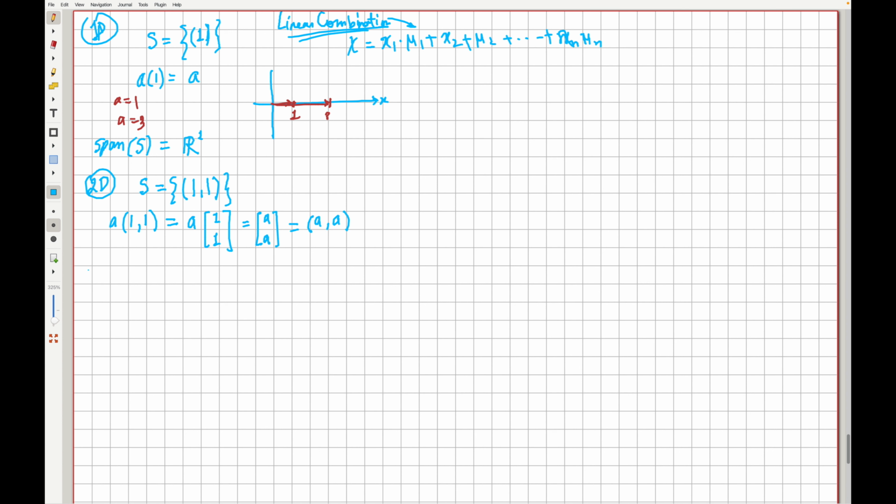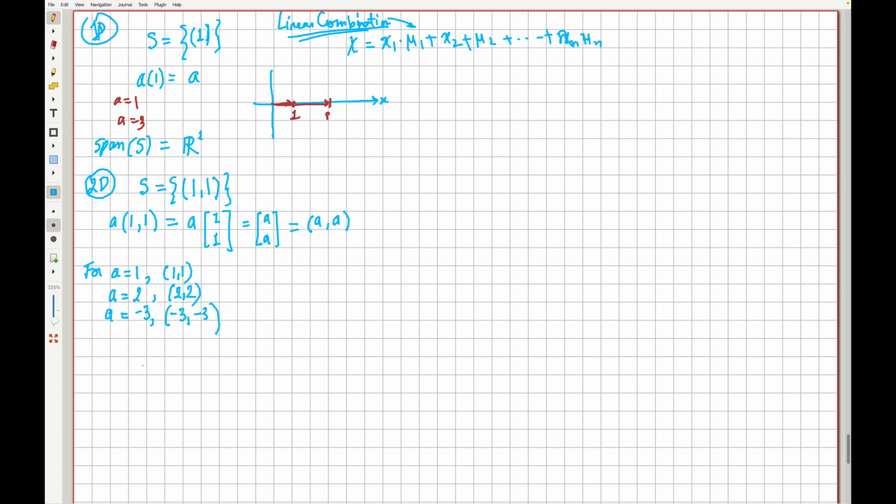And here then we can say that for any given value of a, so let's say a is 1, then the vector that we can reach is 1 1. If a is 2, then we can reach the vector 2 2. If a is minus 3, then we can reach the vector minus 3 minus 3.